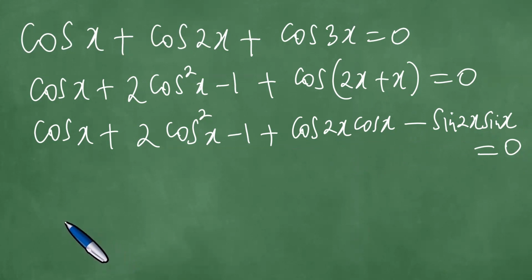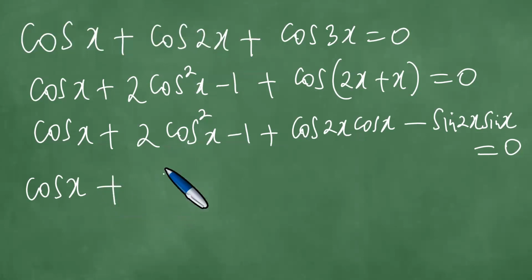Right, and we proceed now to write each of these trig functions in terms of cosines of x. We want to make sure that every double angle is broken down to a single angle.